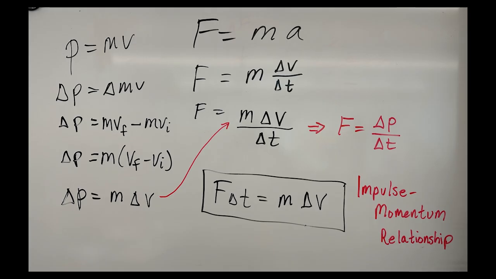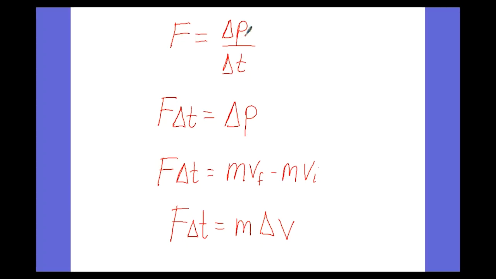To show that in a simpler way, let's look at our equation for Newton's second law in its original form, that said force is equal to the time rate of change of momentum, but that's the same as the change in momentum over the change in time. So let's cross-multiply delta t to the other side, and let's rewrite change in momentum as final momentum minus initial momentum.